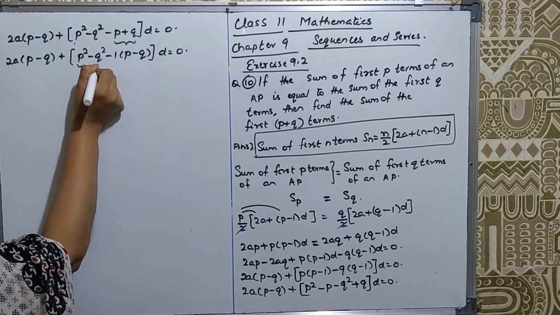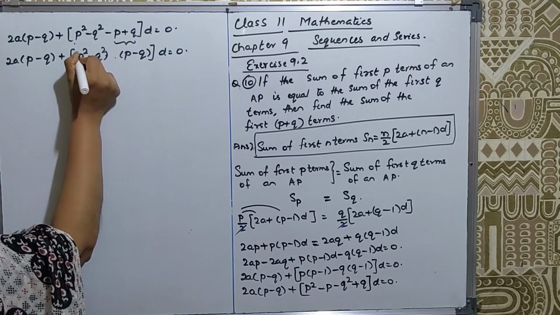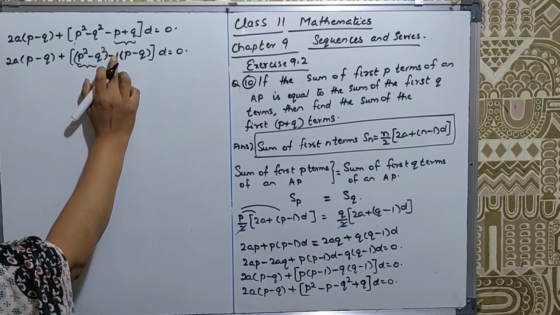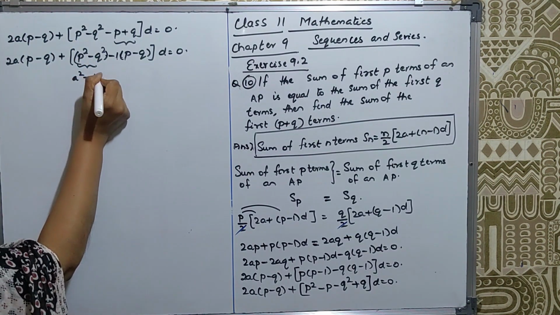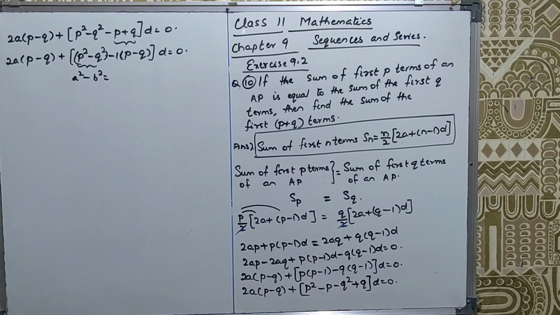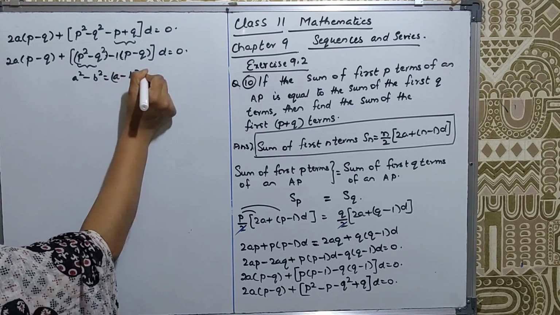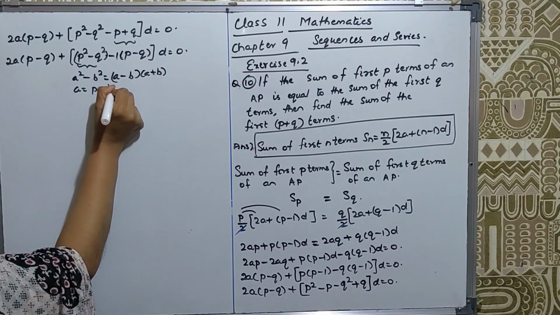Now it is of the form a squared minus b squared. I'll write here p squared minus q squared inside one bracket, minus 1 we took common. Now the identity a squared minus b squared will be a minus b into a plus b. Here a is p and b is q.